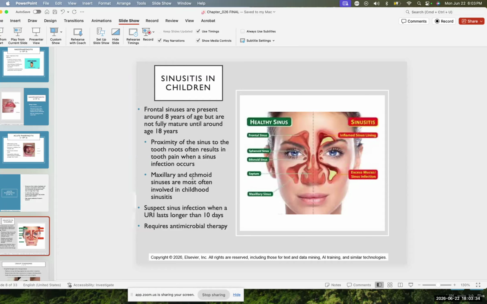Okay, your maxillary, where's your maxillary? On your cheeks, right here, right? And ethmoid sinuses, which are right by your eyes, are most often involved. And our assessment of this, if we were going to see if it's a sinus issue, do you guys remember how to assess for sinus infections?